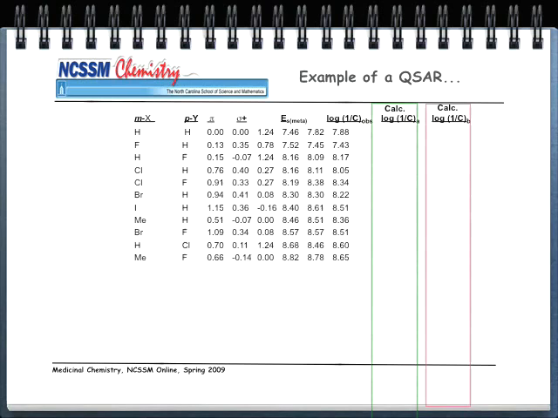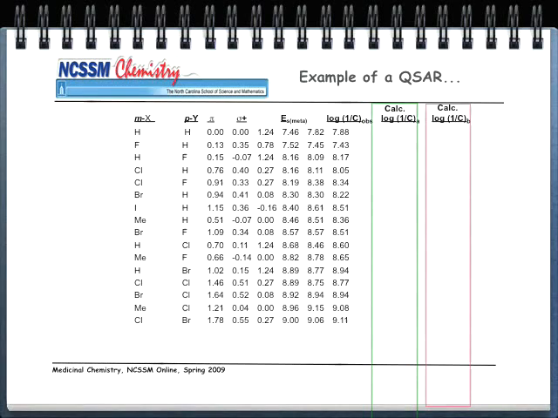So basically what the data looks like here. Here's my test set, and this is the data you're going to be getting for the lab this week, okay? So if you notice there, I've got X in the meta position, and I've got Y in the para position, okay?